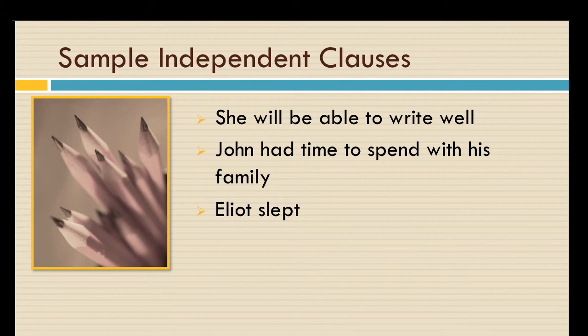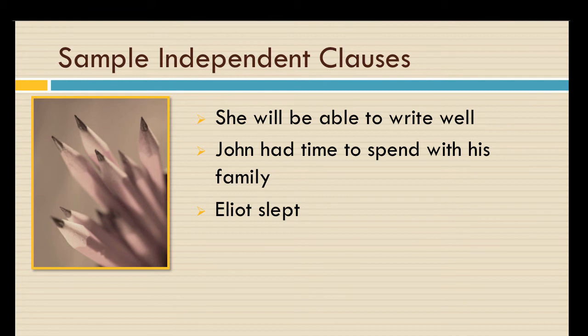Therefore, we have a subject and a verb within the word group. The word group also expresses a complete thought because it doesn't depend on another word group to finish the idea. The entire idea is that Elliot slept. It's all expressed within that one clause, therefore it's an independent clause, and it could stand alone as a complete sentence.